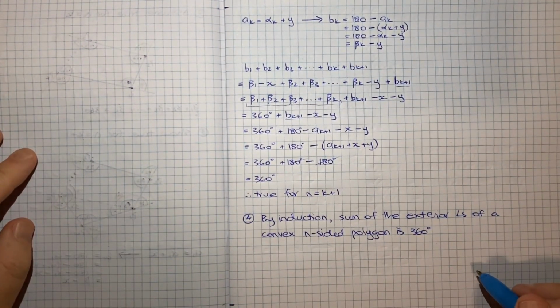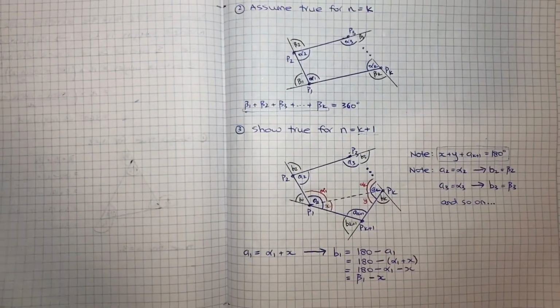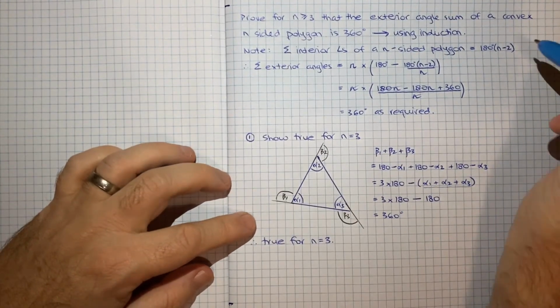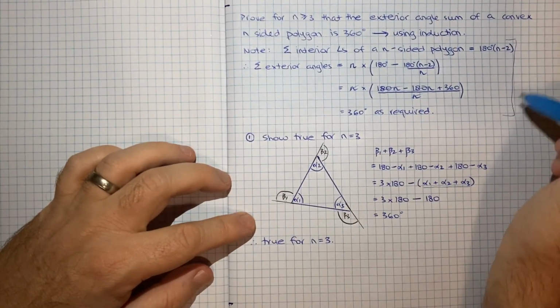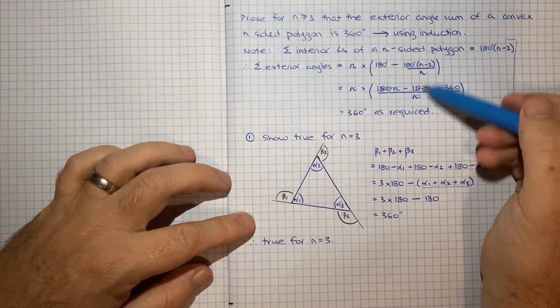Alright, so that's that question done by induction, but remembering that if you weren't asked to use induction, I don't think you would. You just probably make use of this result around the interior angles, and then it's a very straightforward proof.